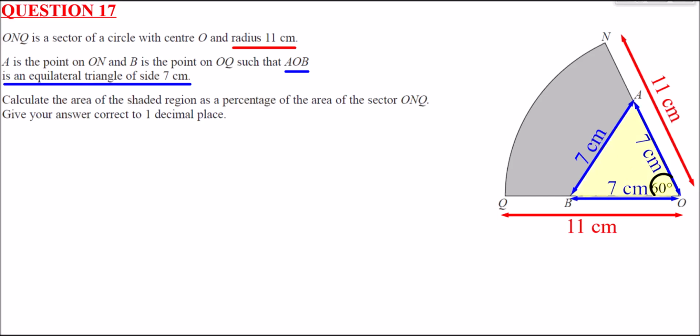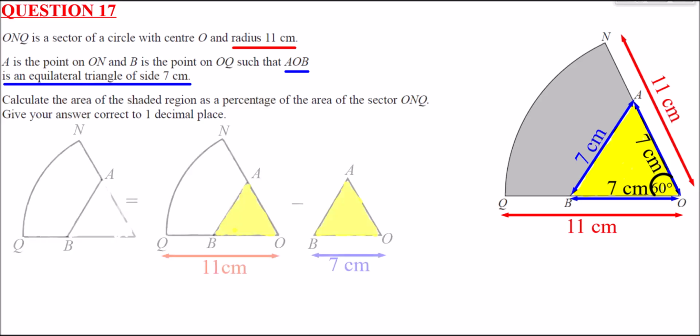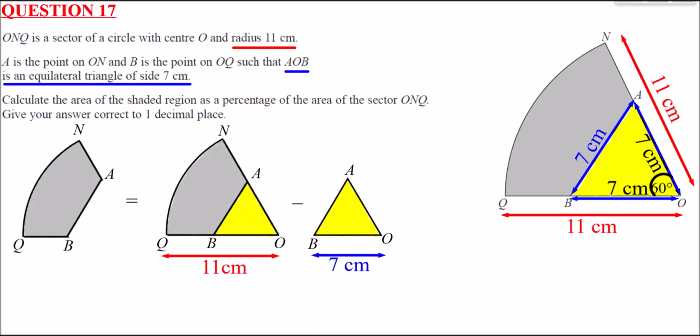So first of all, just thinking about this triangle here and how we can get that shaded region only based off the sector, the triangle and the whole thing. So essentially this shaded region, ANQB, is the whole of the sector with this triangle taken away. If I were to just scrub out that triangle, take it off, you'd be left with that shaded area.